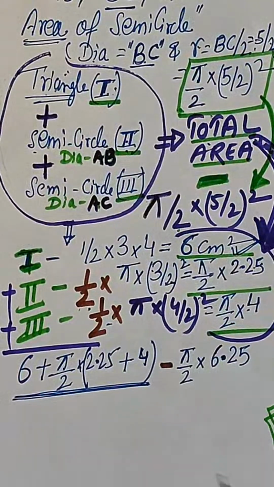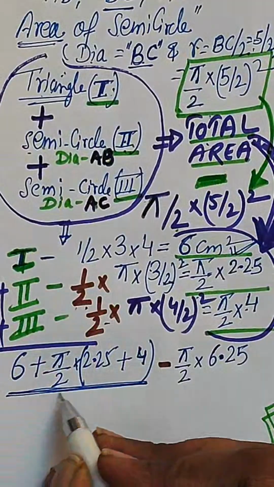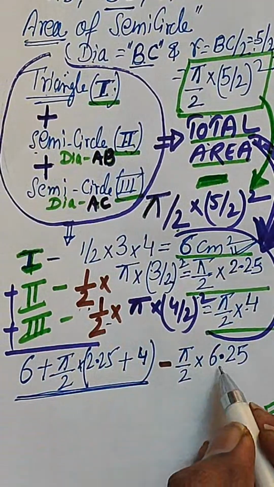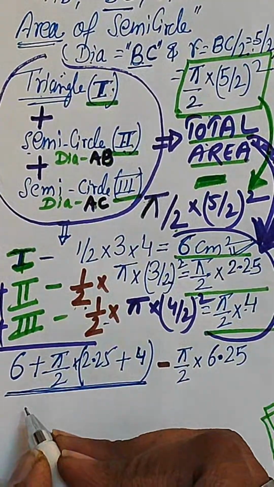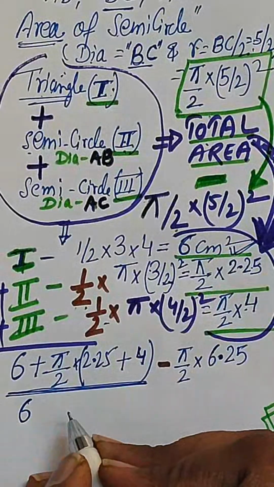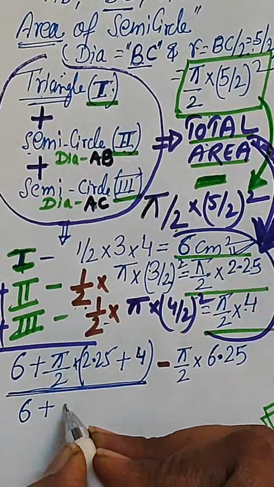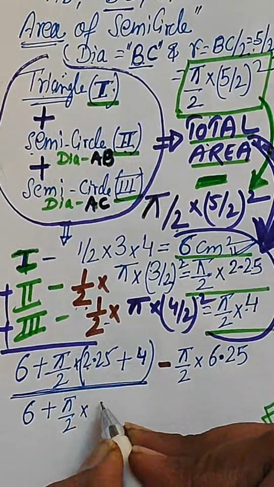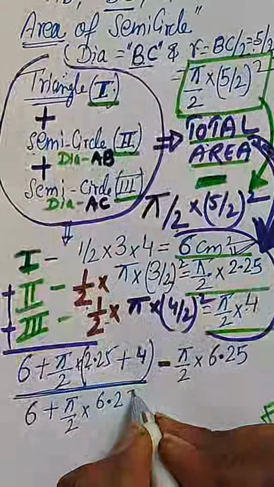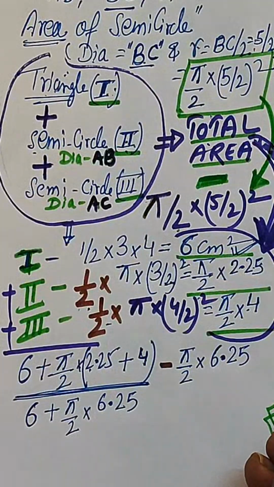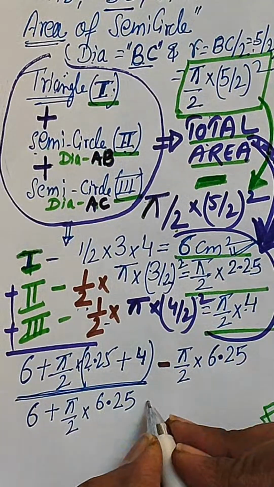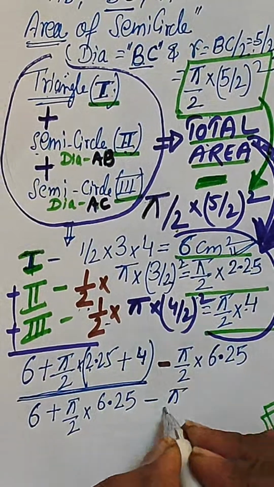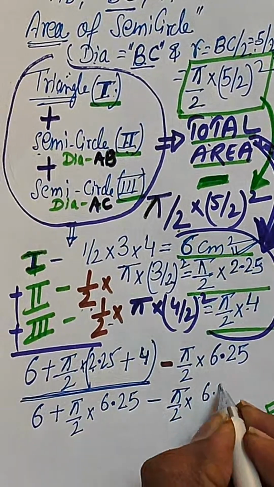This will be coming as area 1, 2, 3 added together minus pi by 2 into 6.25. You can see, simple calculation I am doing: 6 plus pi by 2 into 4 plus 2.25 is 6.25, right? And minus pi by 2 into 6.25.